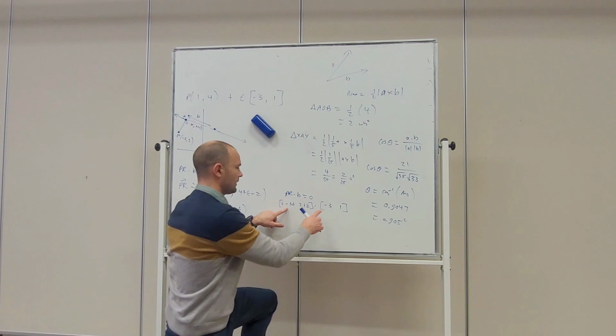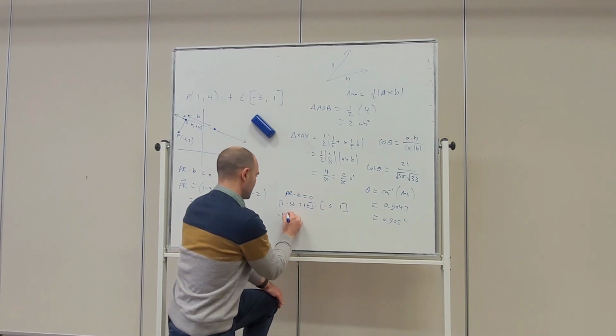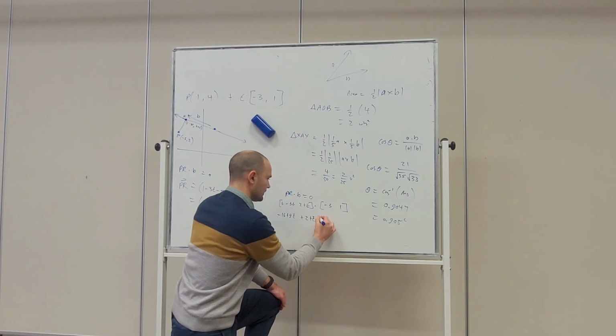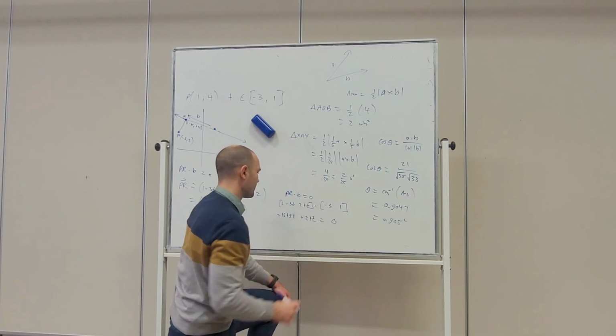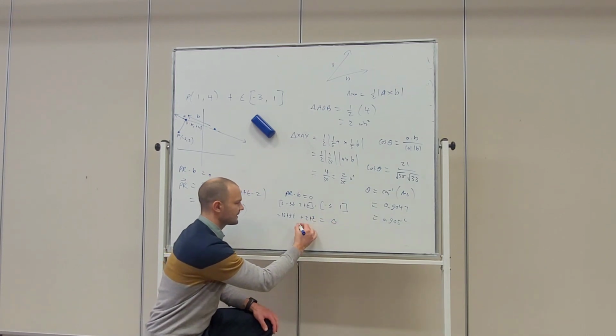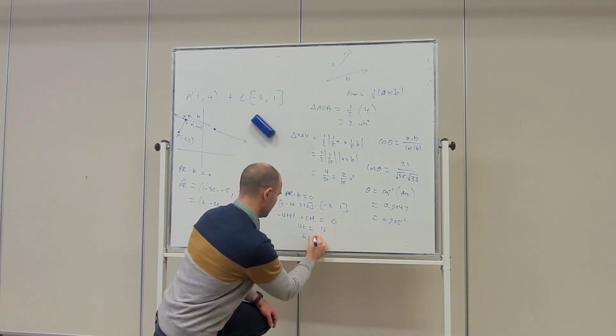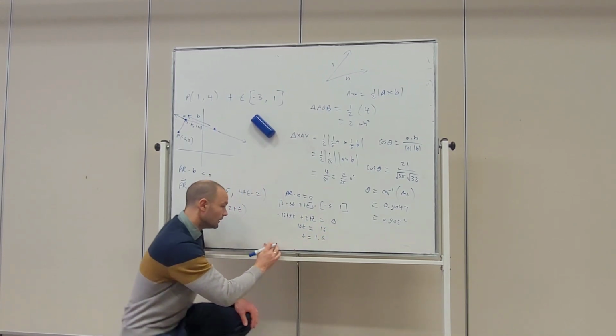All right, let's evaluate that. So we'll have -18 plus 9t plus 2 plus t equals 0. Now we've got 10t equals 16, t is 1.6.